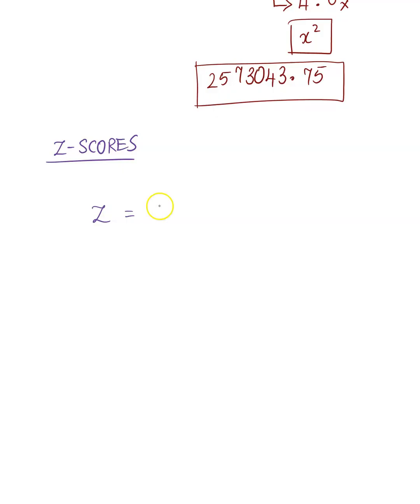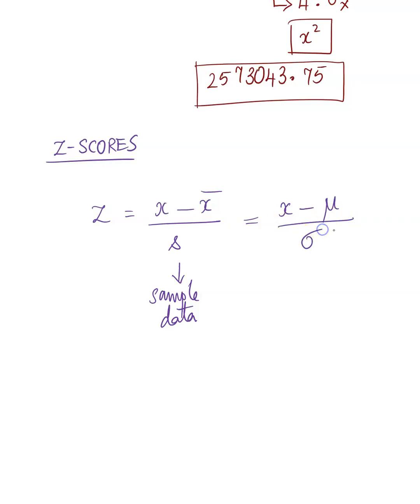The way we get this is we do x minus x bar over s if you're using sample data, right? Because x bar is the sample mean, s is the sample standard deviation. The same formula is adjusted if you have your population information given to you. So if you have the population data, then you will use this.